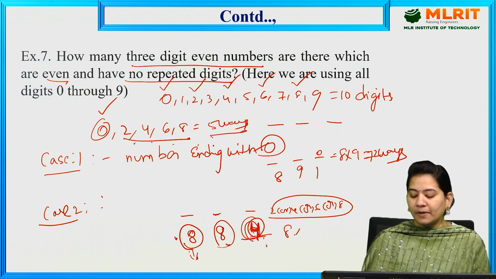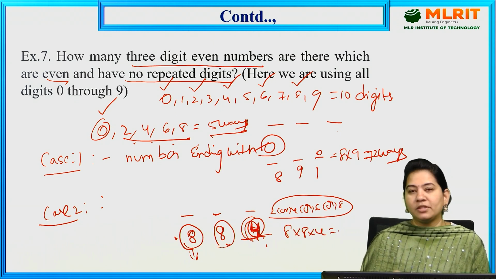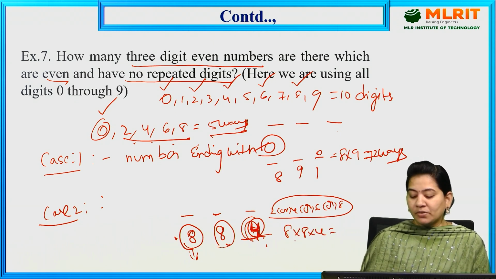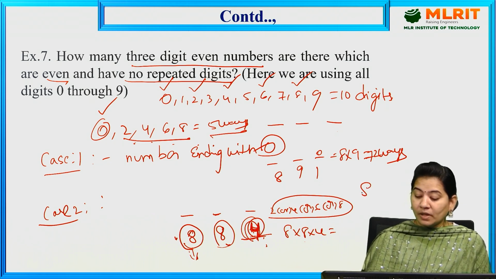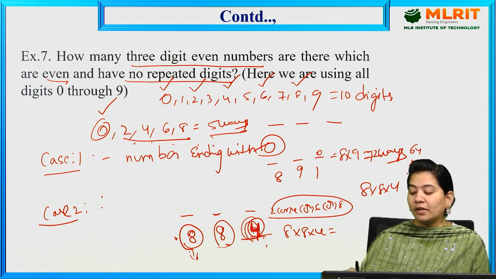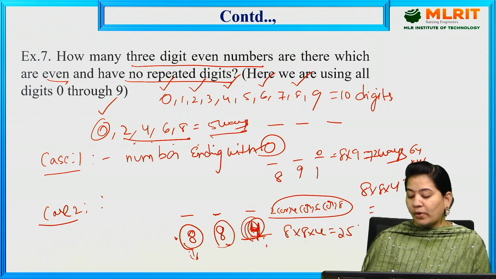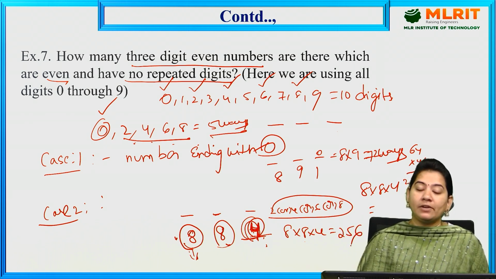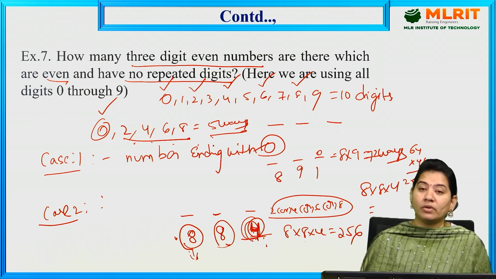So altogether, 8 into 8 into 4. 8 8s are 64, and 64 into 4 is 256. So there are 256 ways we can select 3-digit even numbers ending with 2, 4, 6 or 8.